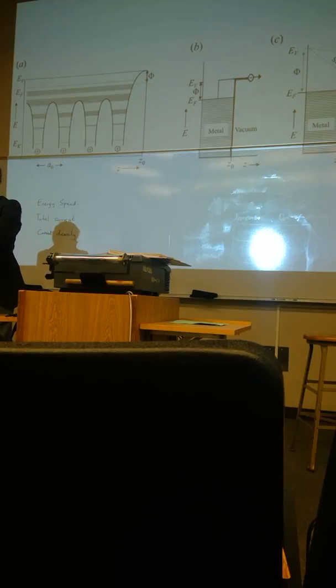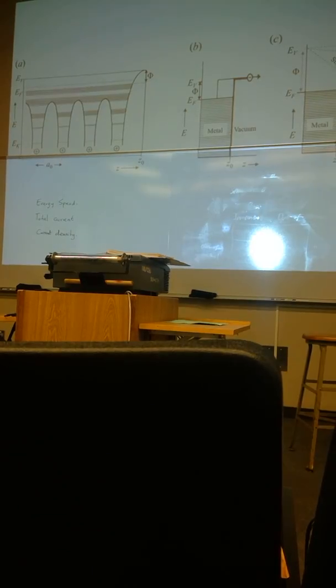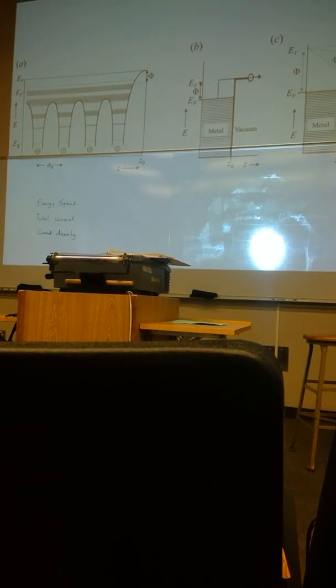And when we focus the beam, we want to see the total current per unit area that we can produce, because the signal that will come out will depend on the current density. So these are the factors when we look at electron sources: we'll be looking at the energy spread, the total current, and the current density.